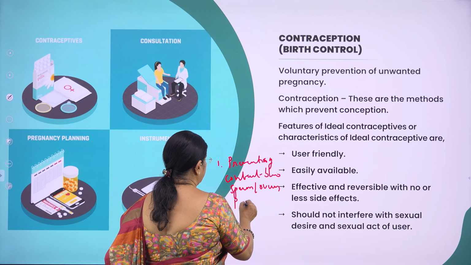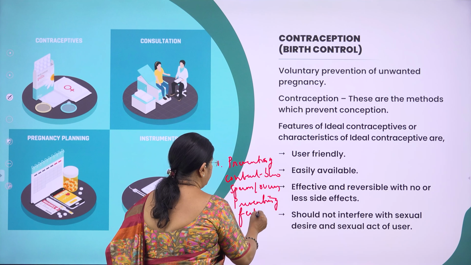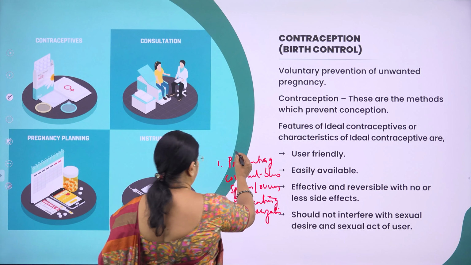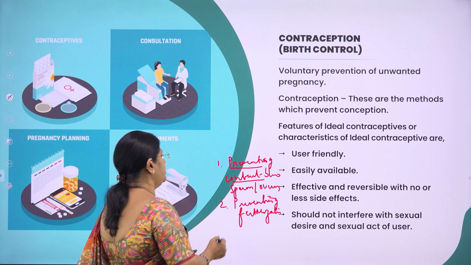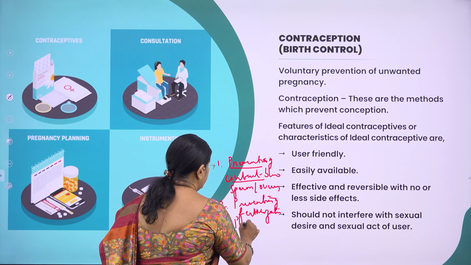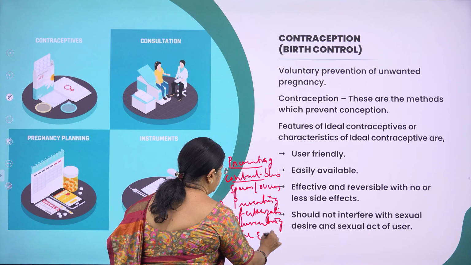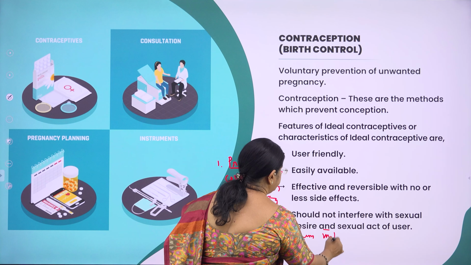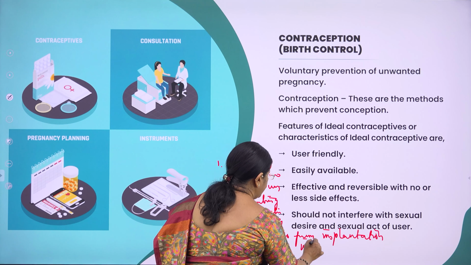Second, preventing fertilization. And third, preventing the embryo from implantation in the uterus.